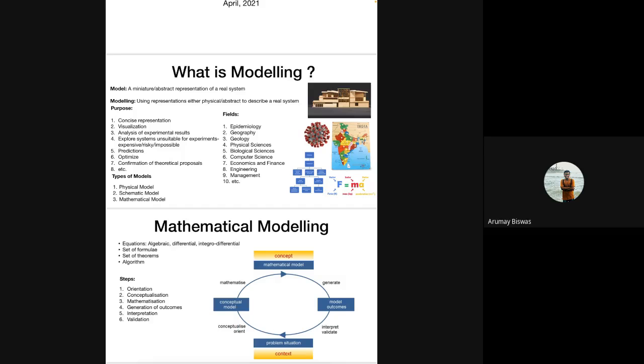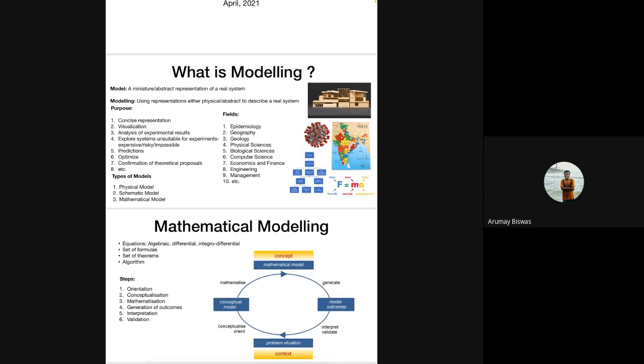And modeling is using these representations, either physical or abstract, to describe a real system. So when you want to explain something about a real system, you will use some sort of representation, whether it's a figure or a formula or an actual model or something. All of these things are models, and anything you do with them is modeling.